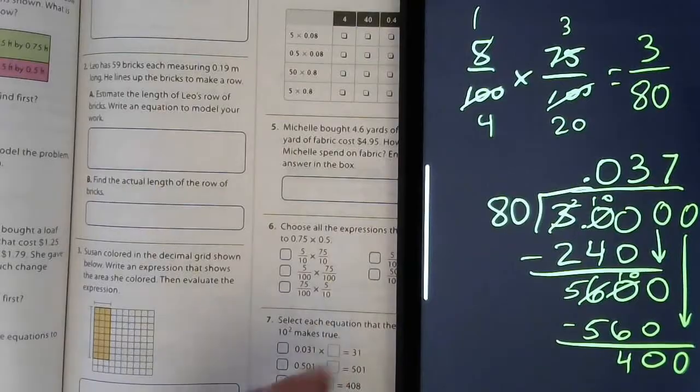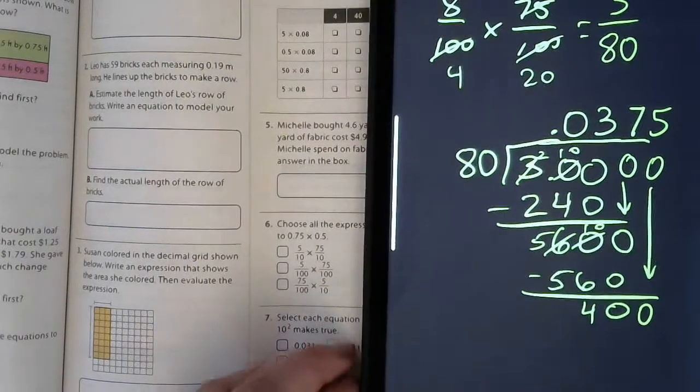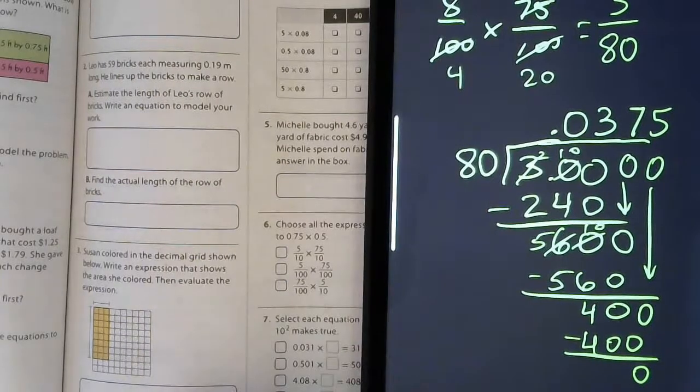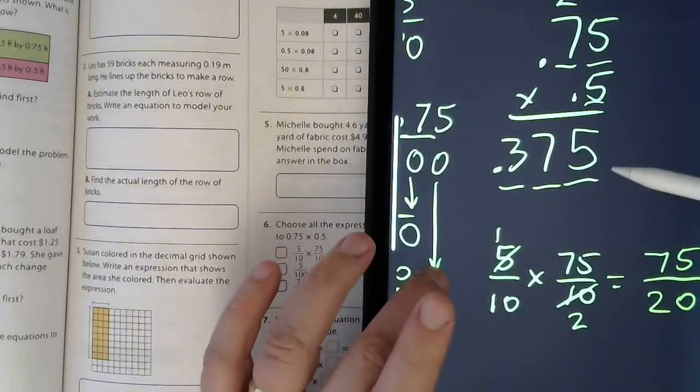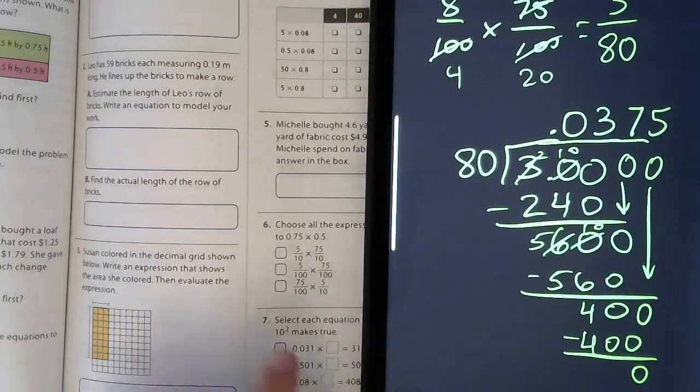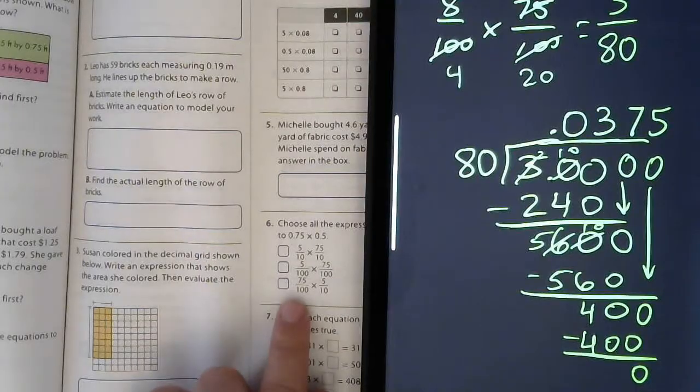And that would be 5 times. 5 times 80 is 400. We get an answer of 0. So 375 ten thousandths. Remember, we're looking for an answer that's going to be 375 thousandths. So unfortunately, that one's really close. No cigar, though. It's not going to work.